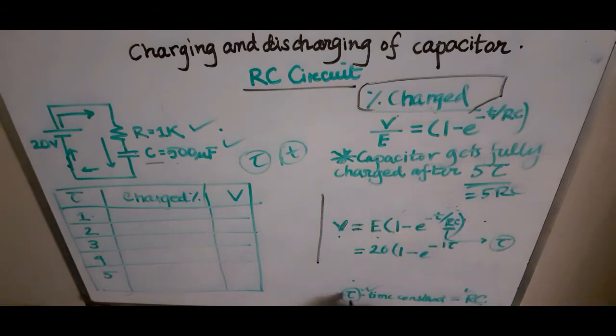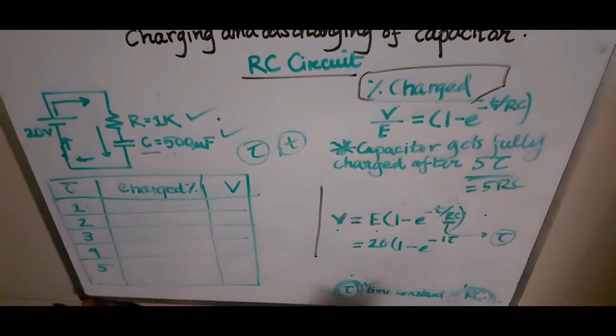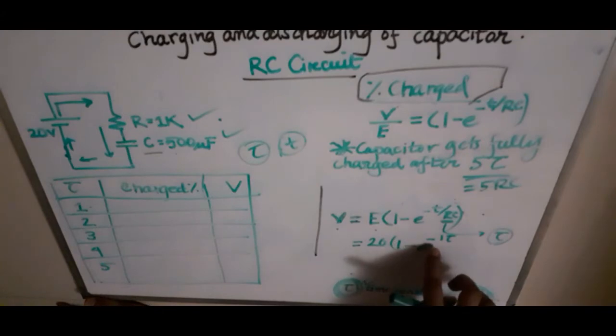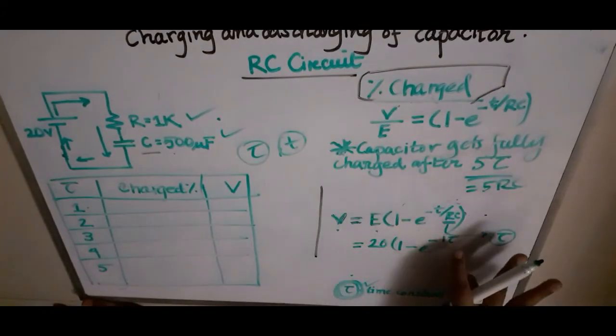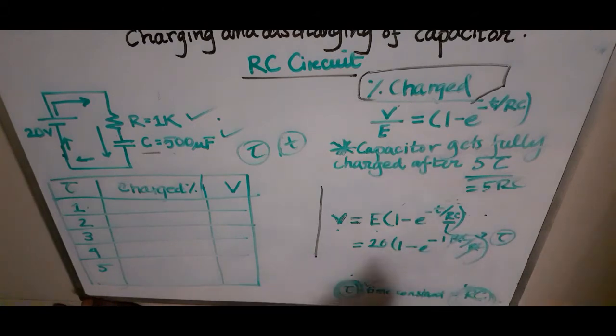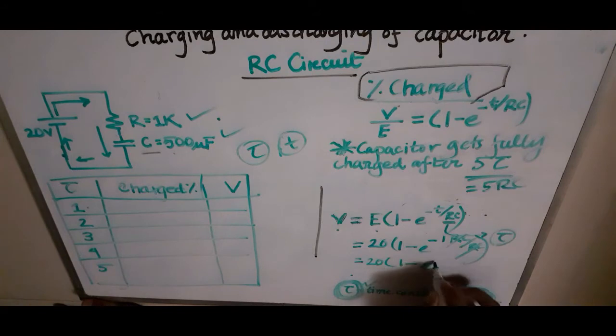I have already told you that one, they both are the same thing. So instead of writing minus 1 tau, we can easily write minus 1 RC over RC, right? This RC and RC get cancelled out. We are left with 20 into 1 minus e to the power minus 1.